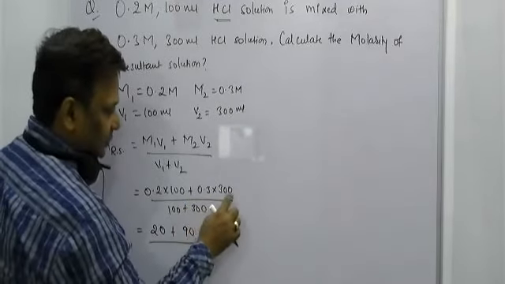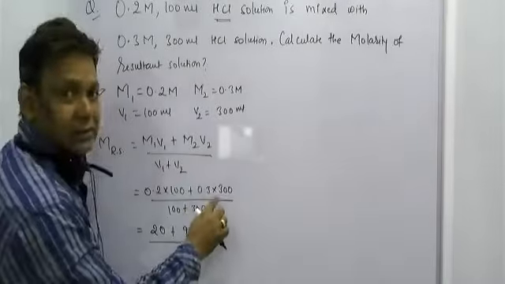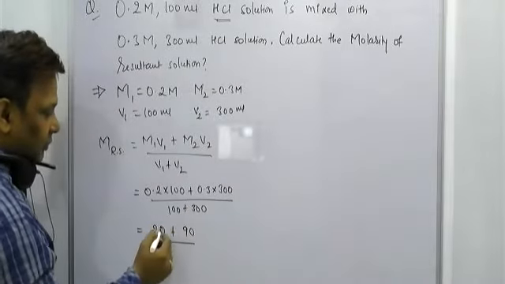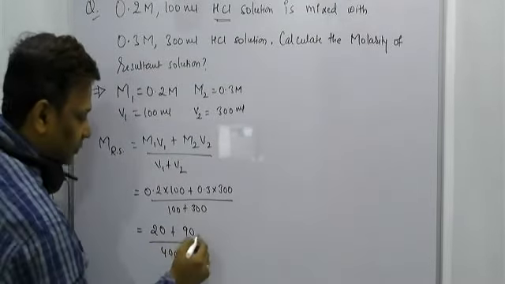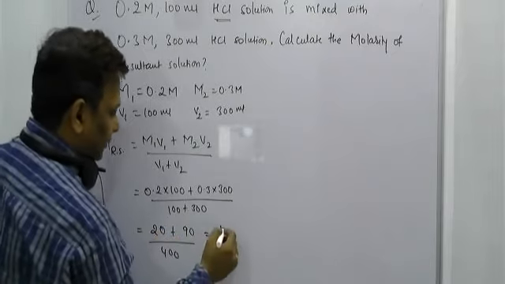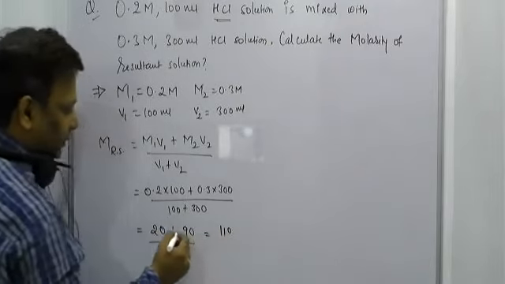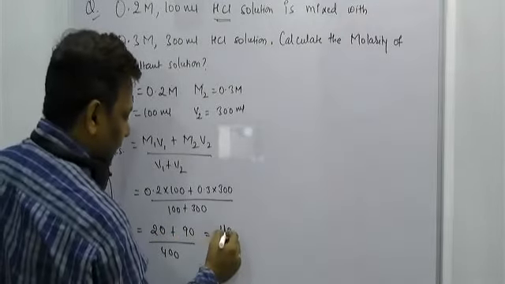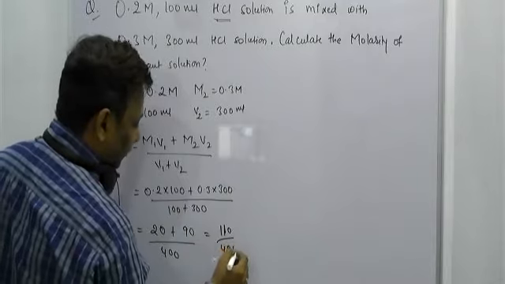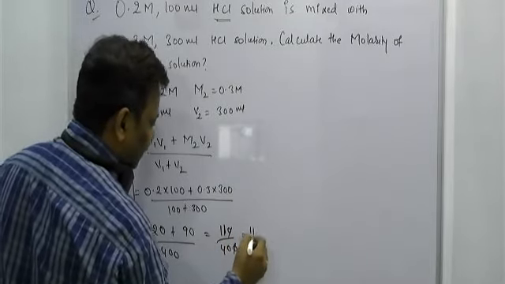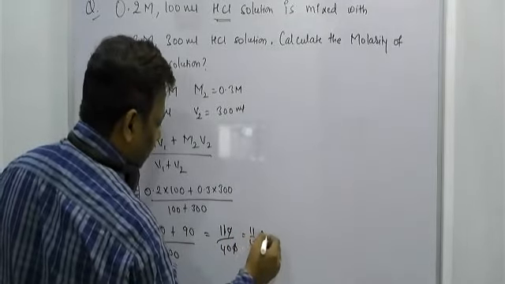Here, beta, 0, 0 cancel. 3 into 3, 9, 0. 3 plus 1, 400. 9, 10, 11. 110 over 400. It is 11 by 40 molar.